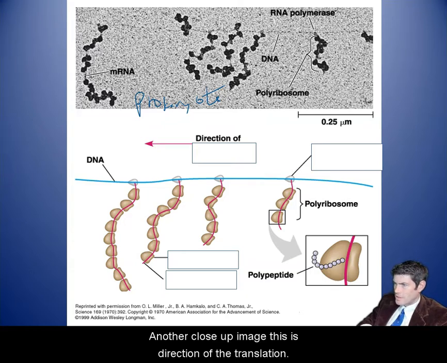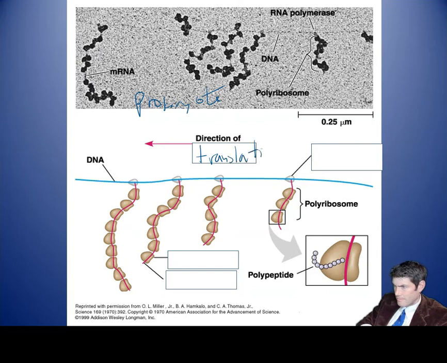Another close-up image. This is the direction of the translation. Remember, it's always 5' to 3'. That would be here, that would be there. 5 to 3. This is the ribosome, the little white teardrop thing.